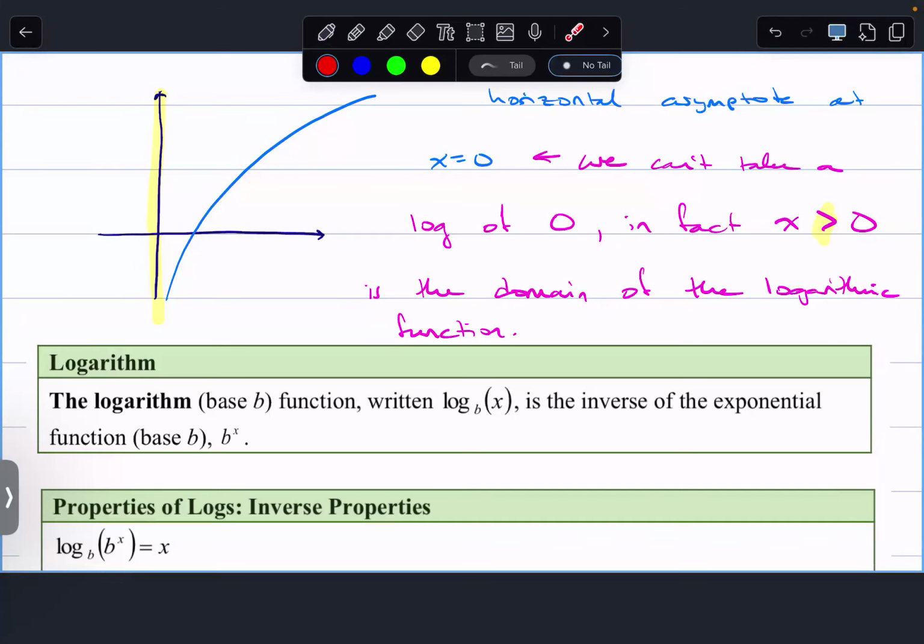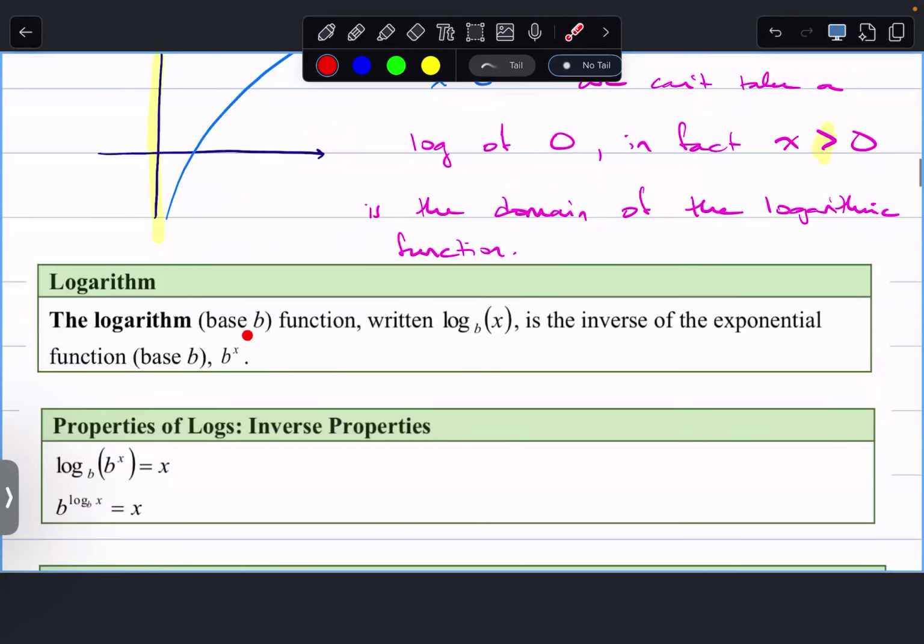But let's take it back a little bit. What is the log? A logarithm, we're going to call it base b, looks something like this. A log base b of x is the inverse of the exponential function base b, which is b to the power of x. We're going to talk about it.